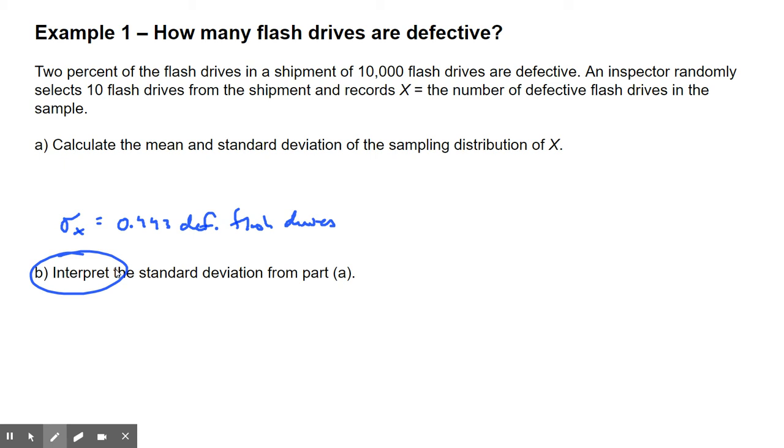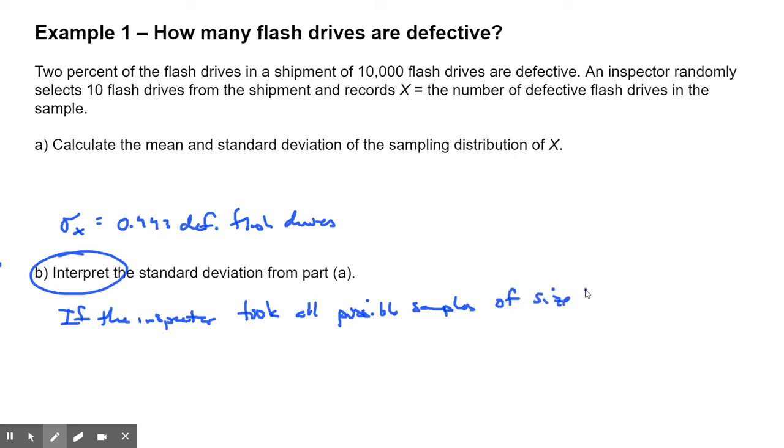So we're going to say something like this: if the inspector took, and now here comes the definition of a sampling distribution, all possible samples. And this is me just trying to emphasize what a sampling distribution is. All possible samples of size 10 from this shipment, so from the population, this shipment of 10,000 flash drives. So that's the setup, right?